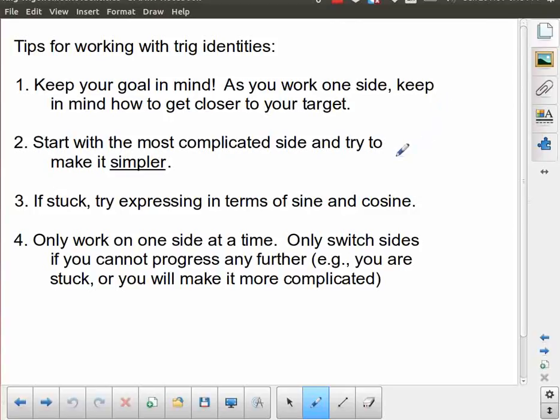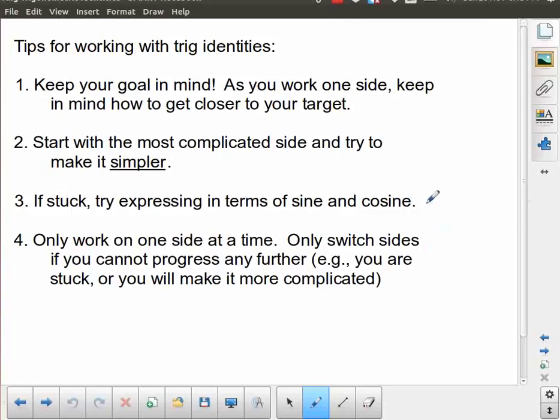If at all possible, start with the most complicated side and then try to make it simpler. If you start to make a side more complicated, that may be a hint that you need to go look at the other side. Try not to bounce around between the two sides. Pick a side and stick with it until you feel like you've really exhausted any progress that you can make on that side.